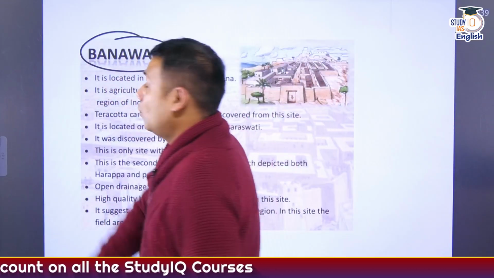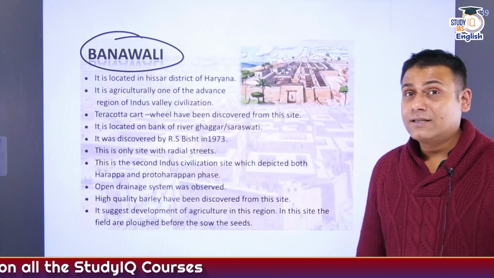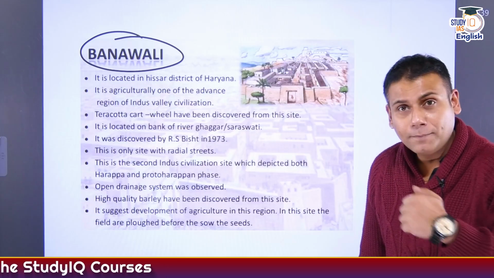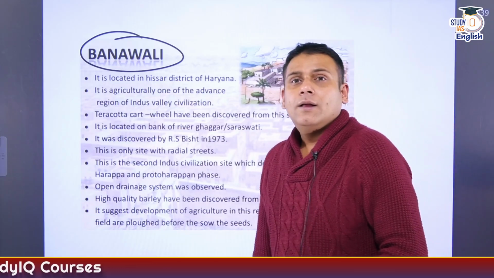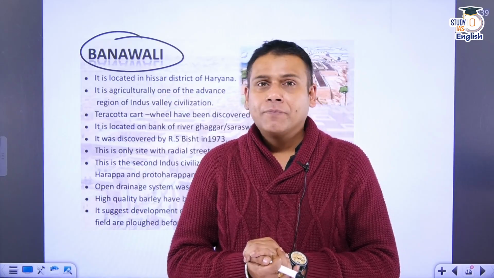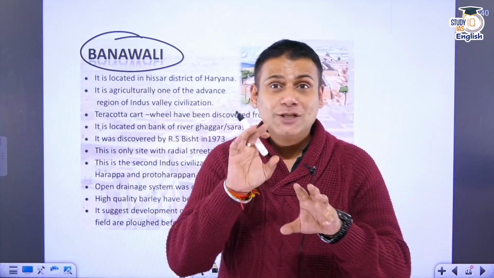Banavali. A while back I discussed the site of Banavali. As we had discussed earlier, there are two Indus Valley civilization sites which depict Proto-Harappan as well as Harappan cultural phases.